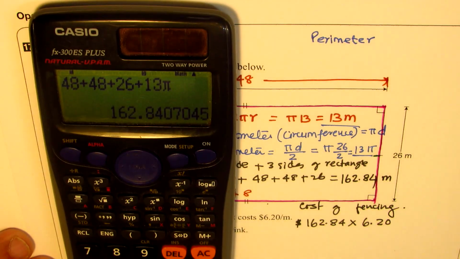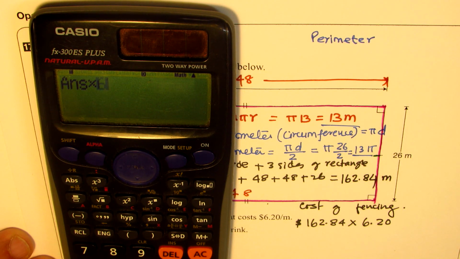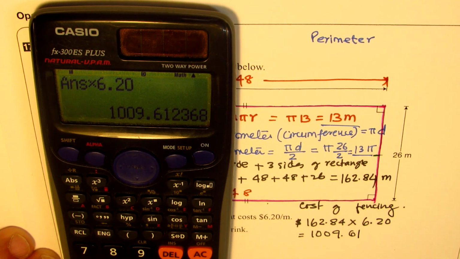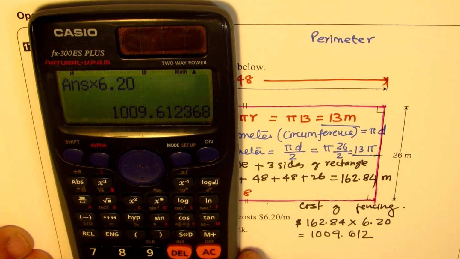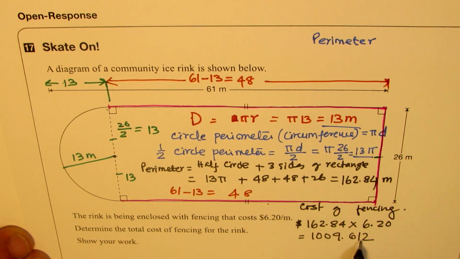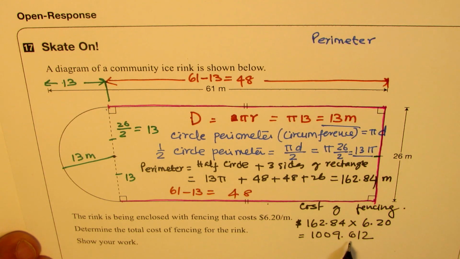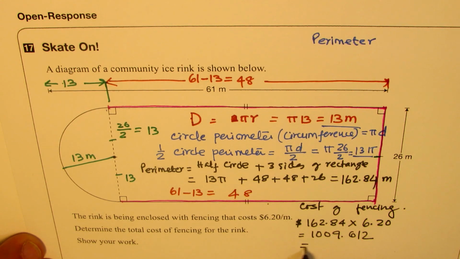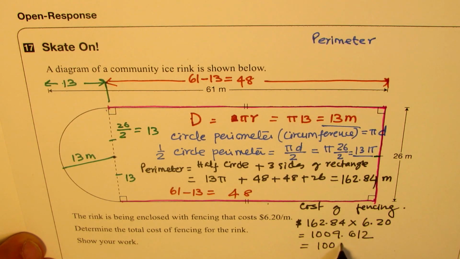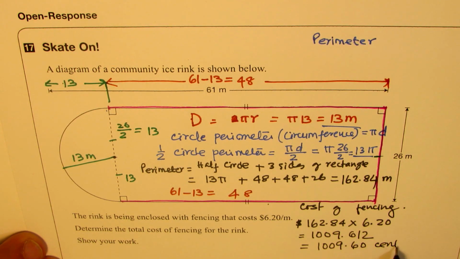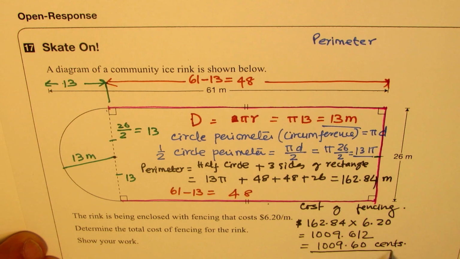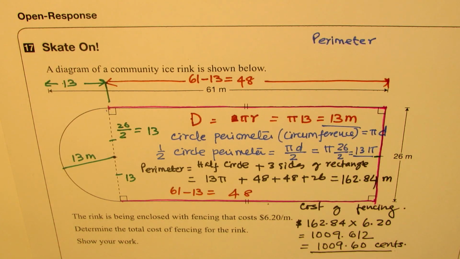So we are going to multiply this by 6.20. And what we get here is equal to 1009.61, right? But we are going to round our answers to cents, so we can say that this cost is $1,009.60, since these days we have discontinued the pennies.